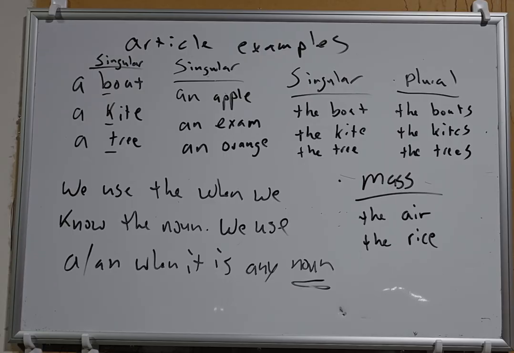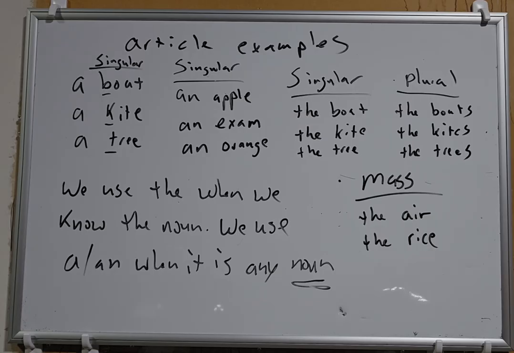And we put the before non-count or mass nouns. These are nouns that handle things that we cannot count. For example, air. We cannot count the air. Rice, it is impossible to count the rice in your bowl. So we use the before these mass nouns.